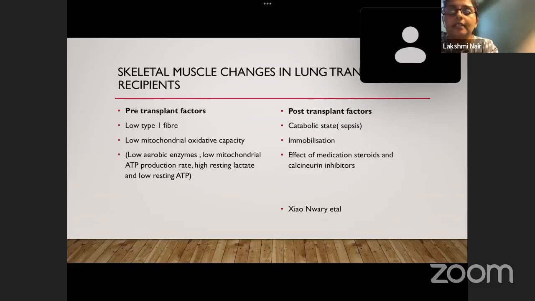They could see that there is a reduction in type 1 fiber. The mitochondria as such has changed. It has adjusted itself to anaerobic metabolism, so more anaerobic metabolism is happening to generate ATP. The baseline ATP level itself was low, and more enzymes are of the anaerobic type, with low aerobic type enzymes. All these changes are happening within the mitochondria of the muscles.